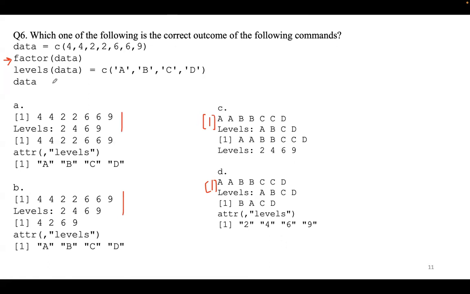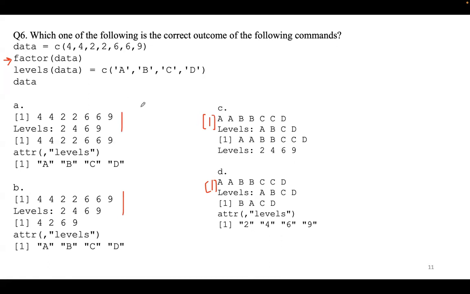Now the next statement is that you are assigning levels to this one. You're saying that now you assign the levels A and B and C and D, right? Now you see, you did not save that as factors. You did not save data back.